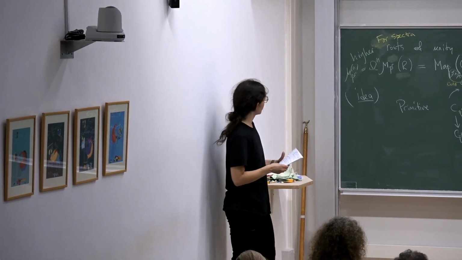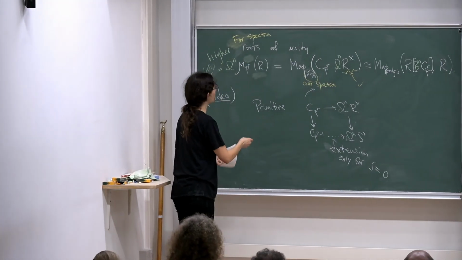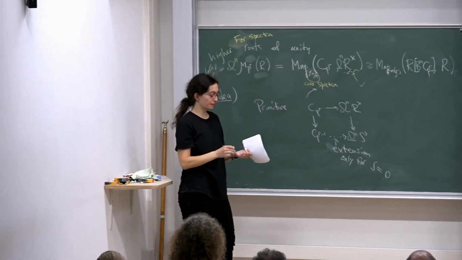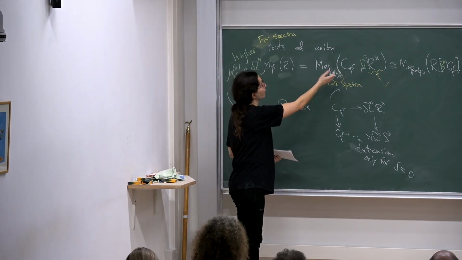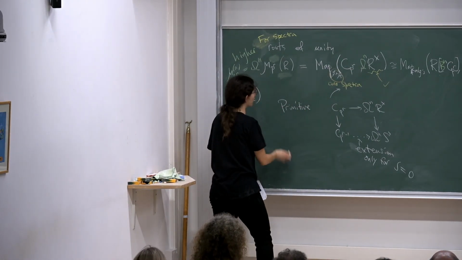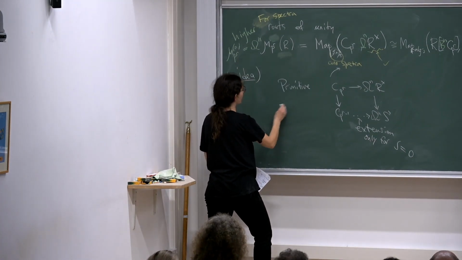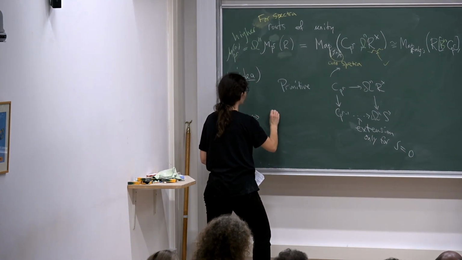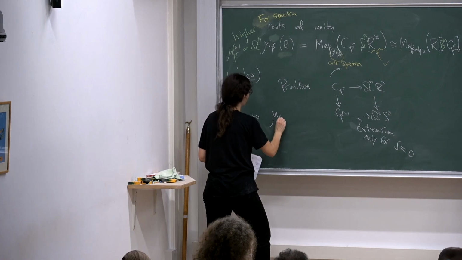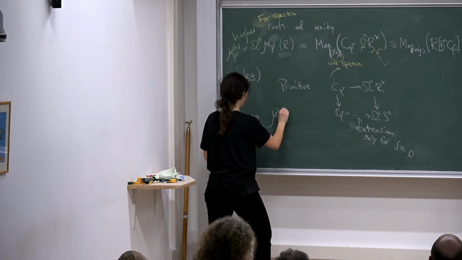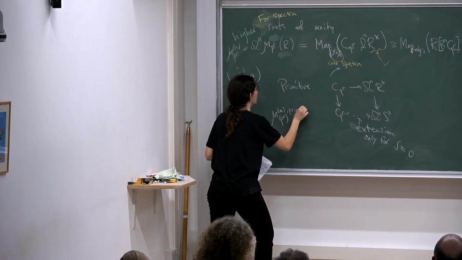Then we take the connected components of this space, and those correspond to the primitive ones, and that gives you a mu p to the r and prim of R.